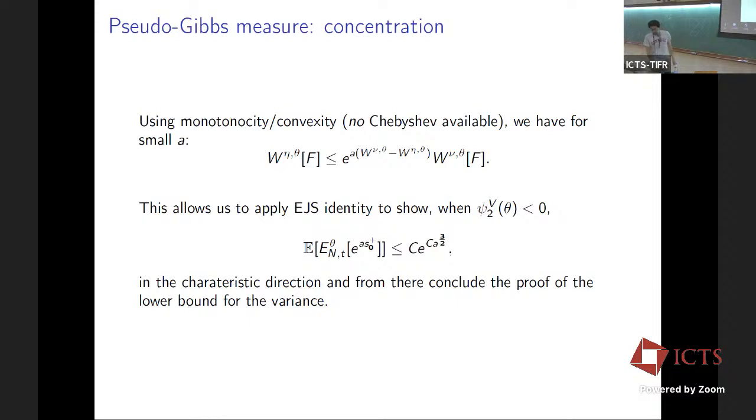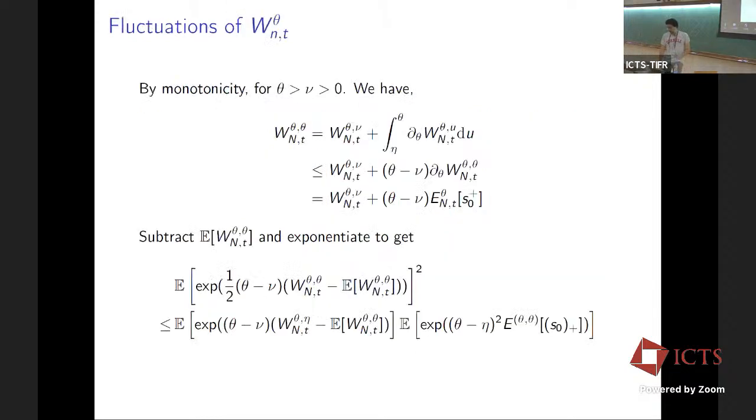And then I can't resist showing you the proof of the fluctuations for W, theta, and t, because once you take this point of view of only using monotonicity, it's unbelievably easy. So you start with W and t theta theta, and you upper bound it because we know that we have convexity. So the derivative is bounded by the derivative at the upper level. So we just get this first inequality.